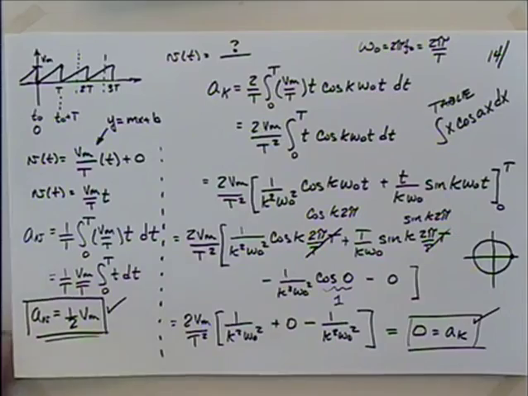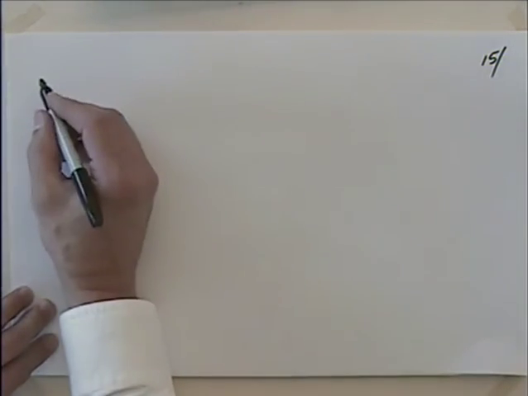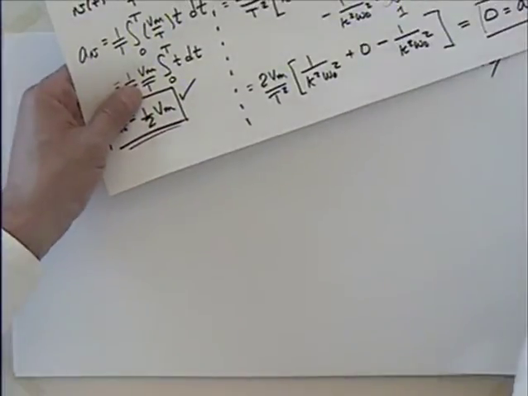Hopefully b sub k turns out to be something other than 0, or this is going to be very boring, or maybe I should say more boring than it is. So hopefully it's not too boring. Okay, so what do we have for b sub k, or b sub n?